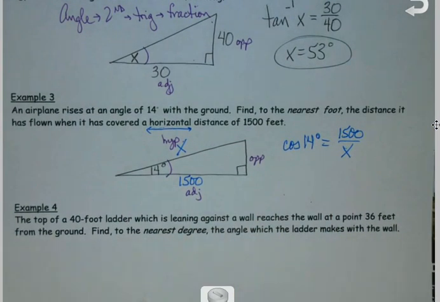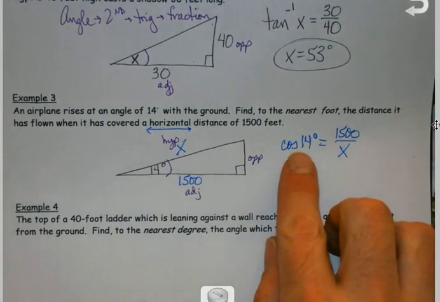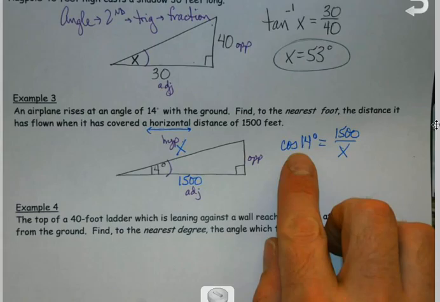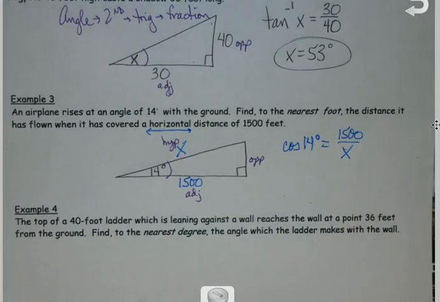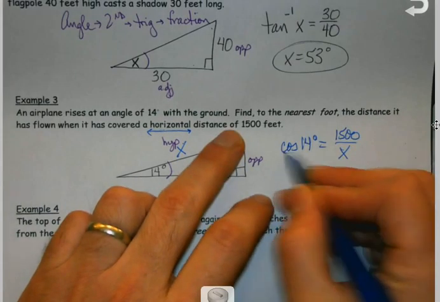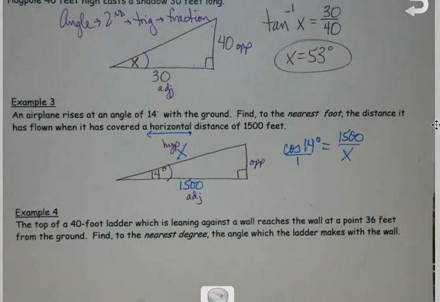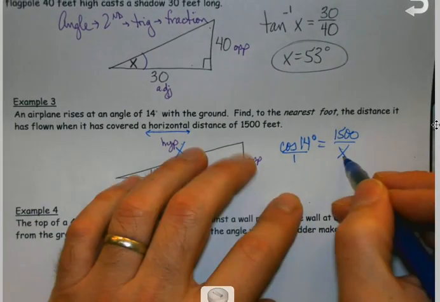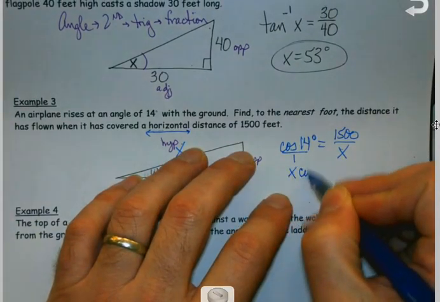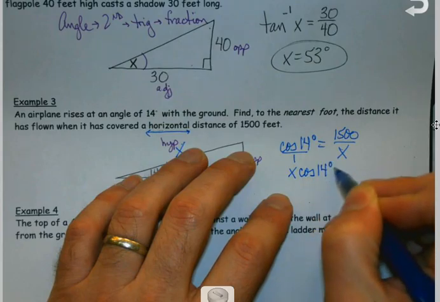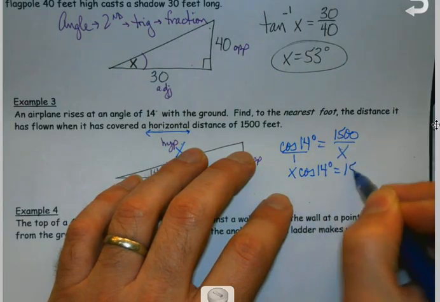And we said before, when our x value is in the denominator, when we're dividing by the x, that means we're going to be dividing by this. Now, I'll kind of do a rewind to yesterday here to let you see why that is. If I turn this into a proportion, I'd cross multiply. 1 times 1,500 is 1,500.